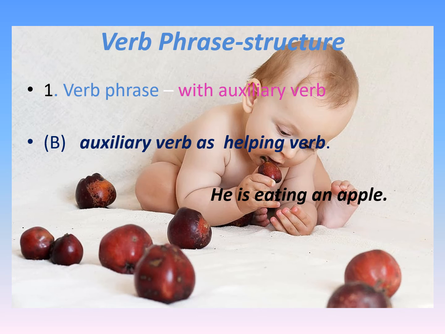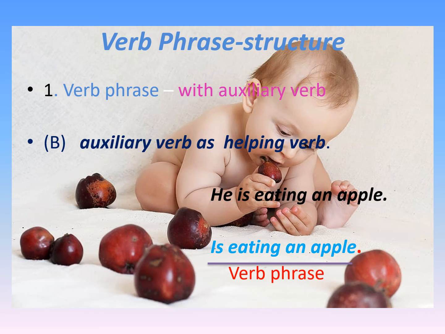So in this sentence, what is the verb phrase? Is eating an apple is the verb phrase. Here, the auxiliary verb is used as a helping verb. So in this verb phrase, is is the helping verb, eating is the main verb.